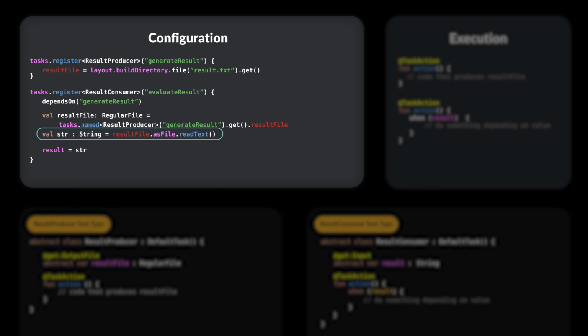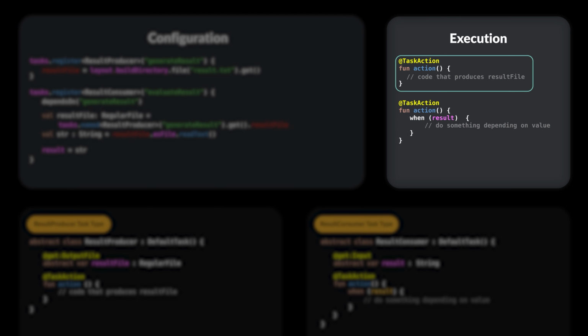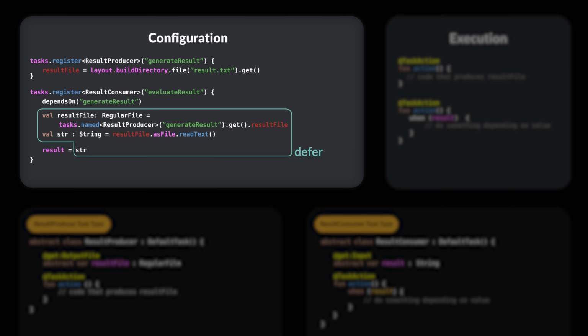When the configuration for the task is processed, it will lead to an error since the result file doesn't exist yet. Since the result file will only be available during the execution phase after the action for the generate result task runs, what we'd want to do in the configuration is tell Gradle to defer evaluation of the configuration that makes use of the result file till it's available.